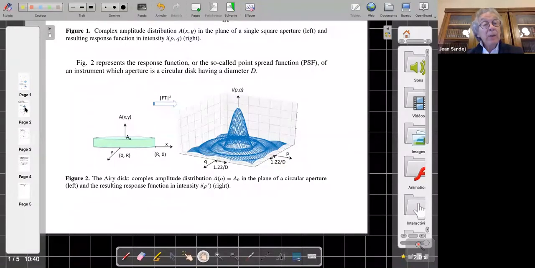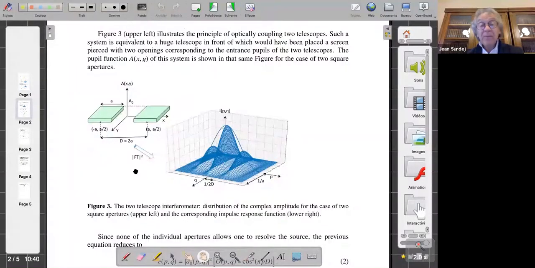Now the next page shows, for the case when the two apertures are square, the response function of the interferometer. Here we see the signature of the cos square function, so there are intermediate minima.